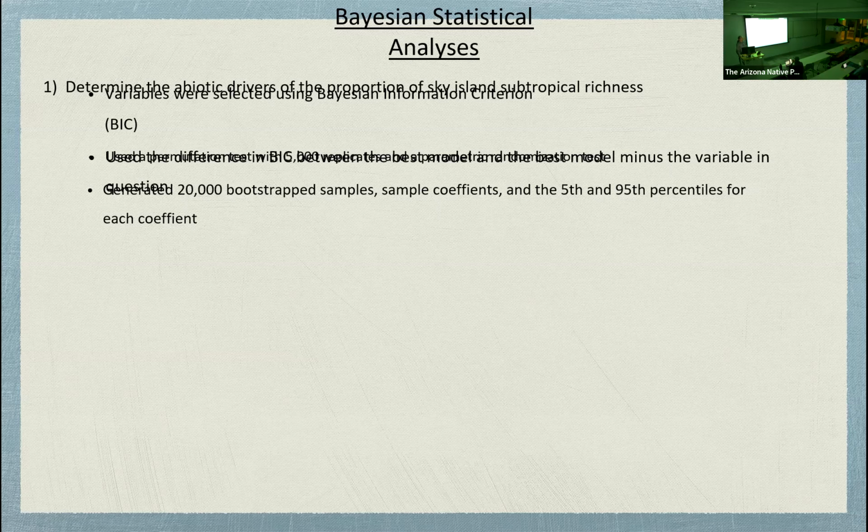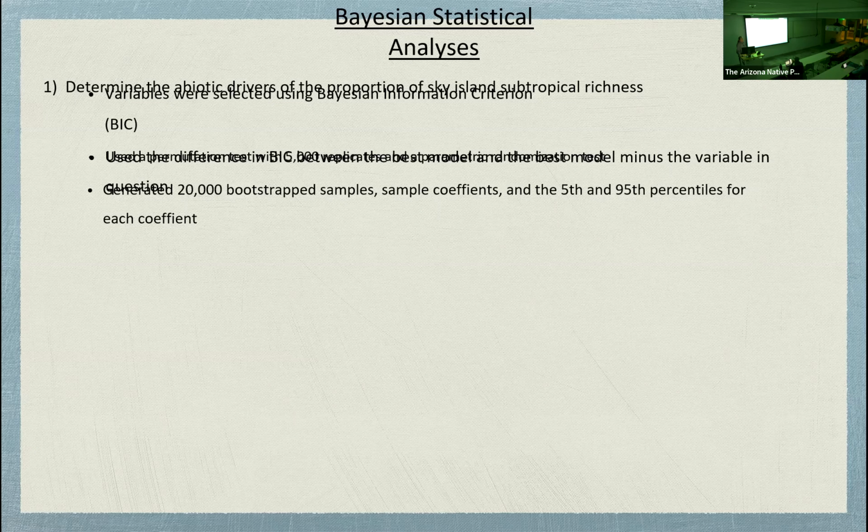Only 24 sky islands required a much more robust technique. So he used Bayesian information criteria, BIC, to select the variables, which is much more parsimonious than AIC, Akaike information criteria, which is more commonly used.